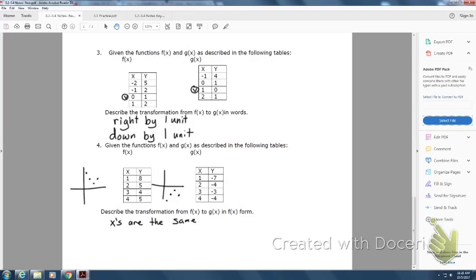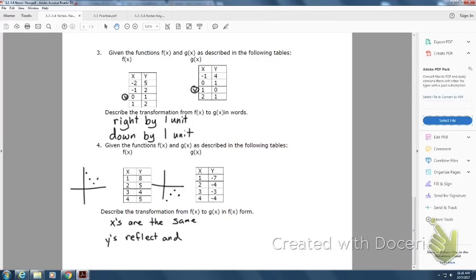So what is one of the transformations that happens with the y? They do what? They reflect. So the y's reflect. And they also do what? Because if 8 reflected, it'd be at -8.